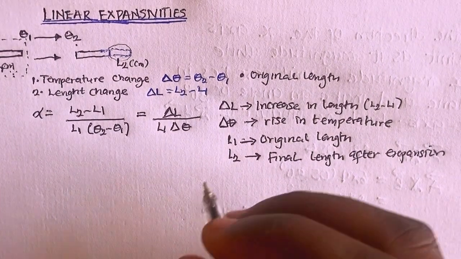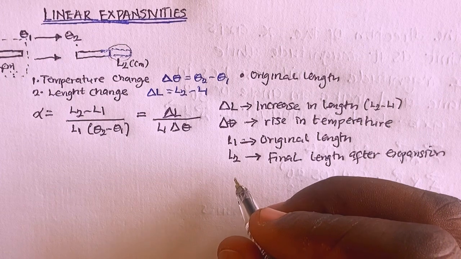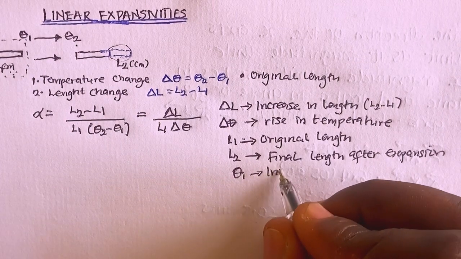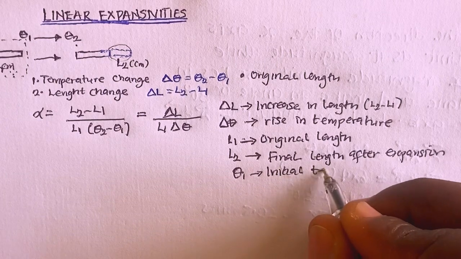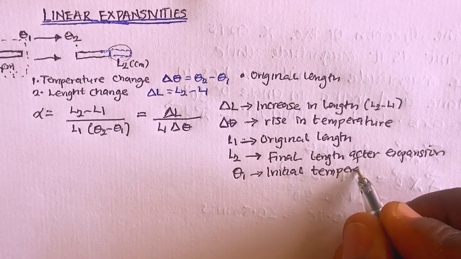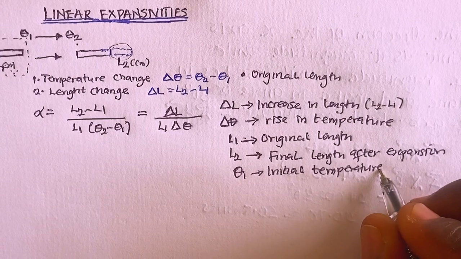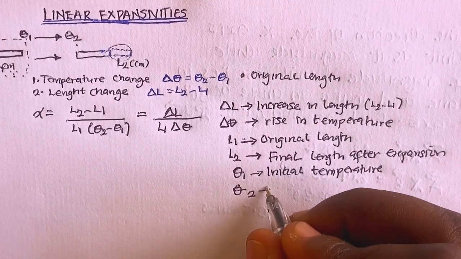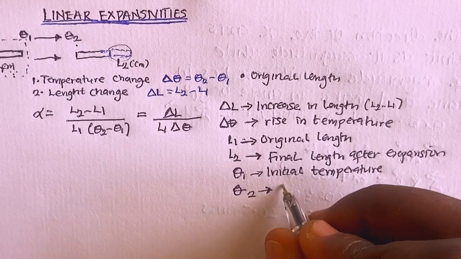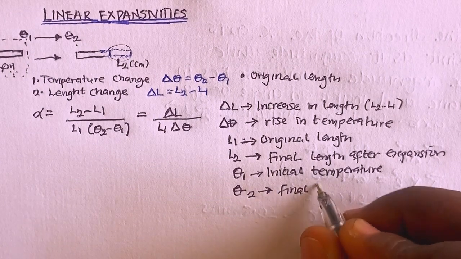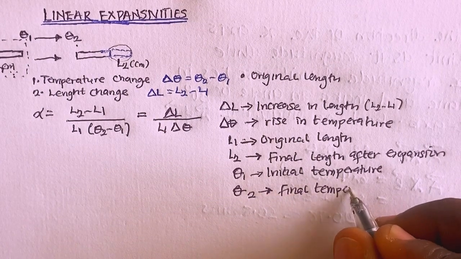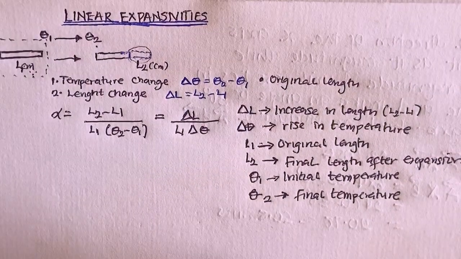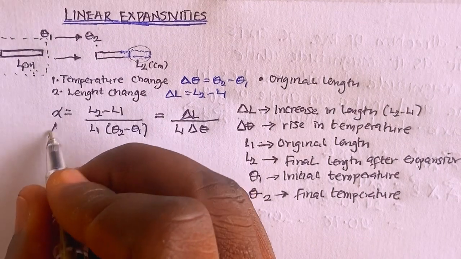Then another thing that we have is theta. Theta 1 is known as the initial temperature of the material. Then we have theta 2, which is taken to be the final temperature of the material. What you guys need to note here is that we have alpha, right?